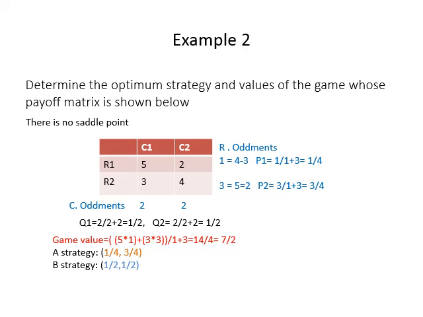And because the mixed strategy or oddments method requires a 2 by 2 matrix, the requirements are satisfied to use the oddments method to determine the optimal strategy using mixed strategy.